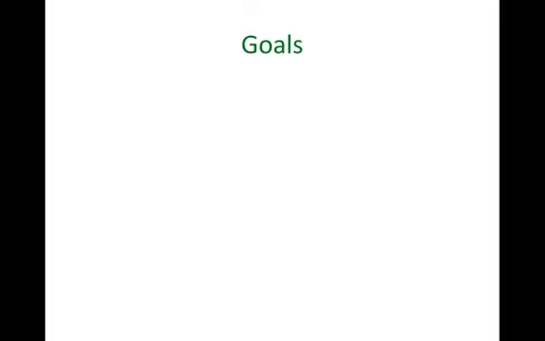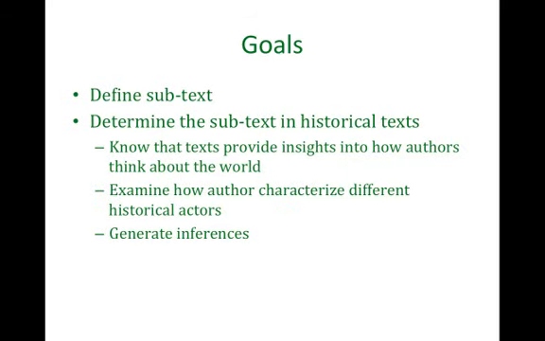So here are the goals for this tutorial. The first one is you obviously have to be able to define the meaning of subtext, and then determine the subtext in historical text. And to do that, you're going to have to do three sub-goals. The first one is you have to know that texts provide insight into how authors think about the world.